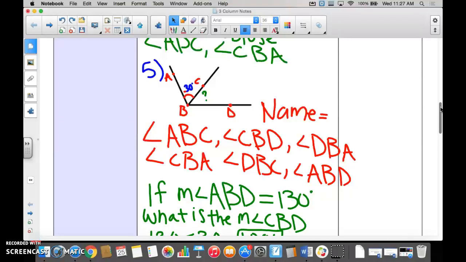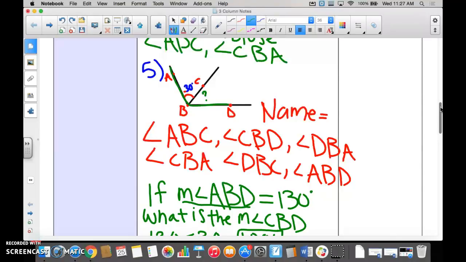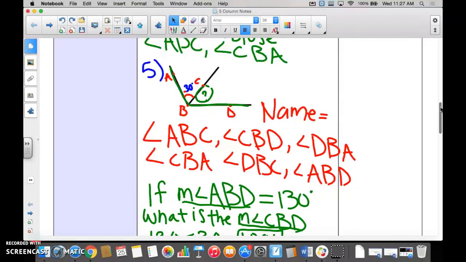So if the measure of angle ABD, so our entire large angle here, is 130 degrees, what is the measure of CBD? So right here. What is the measure of that angle? And Allison, what did we do to find that?